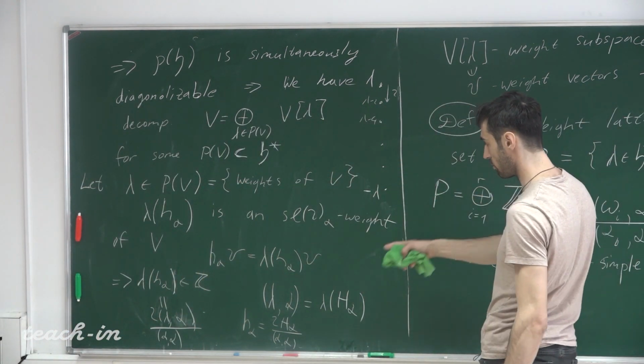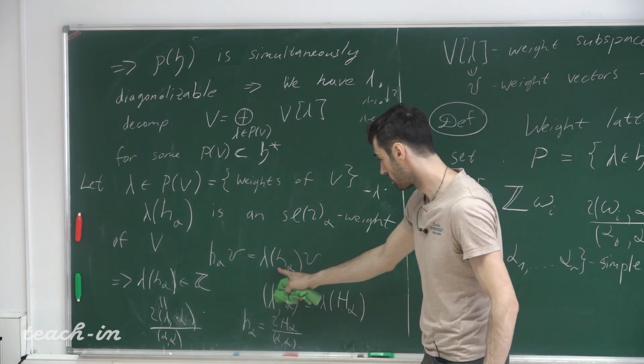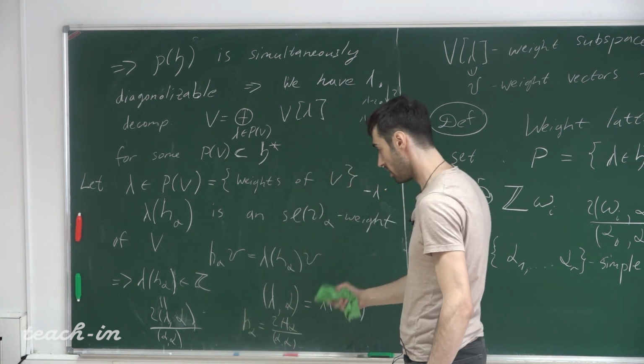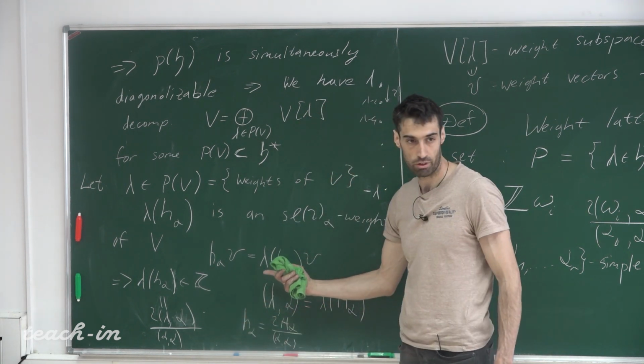Okay, so therefore we proved, so this thing is integer, so therefore this is integer, right? And this is for any root alpha.